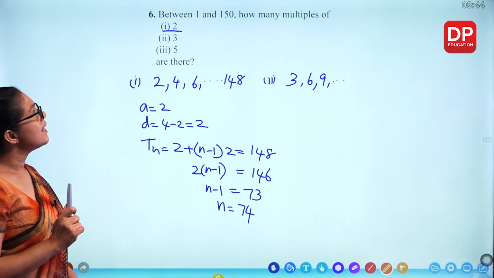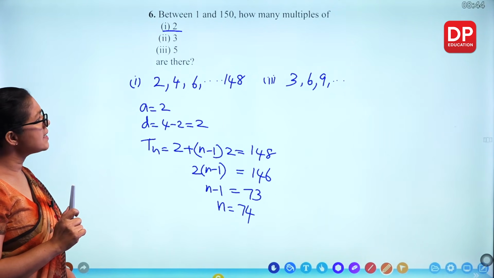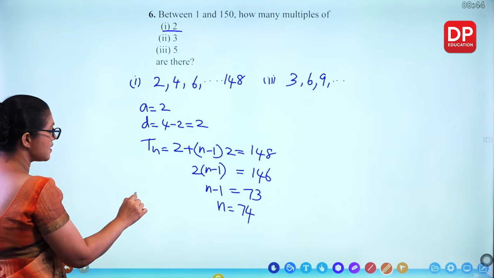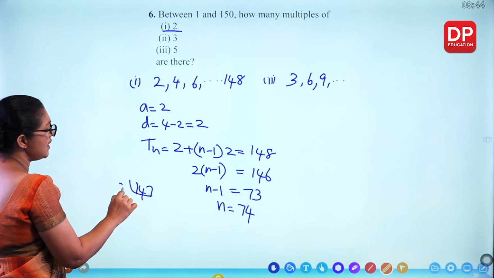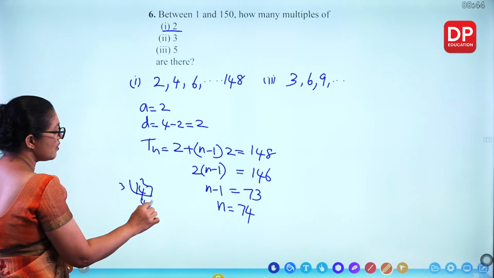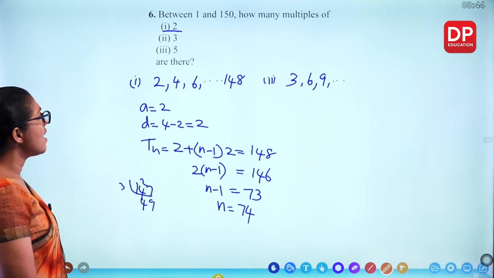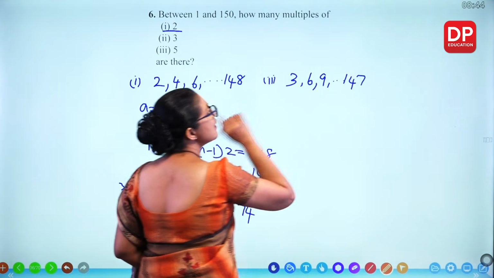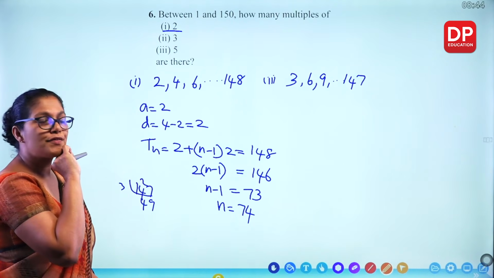No. Then 148? No. 147 is the last digit. So 147 divided by 3, you get 49. So that means the last digit is 147. That's a multiple of 3.